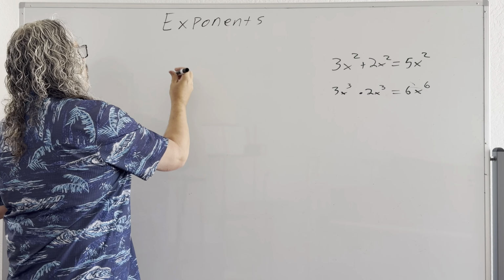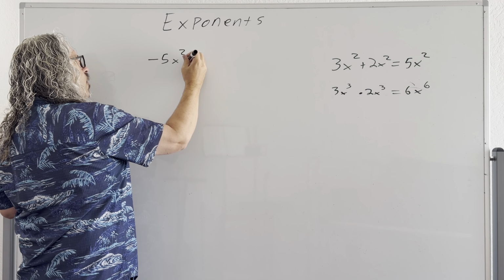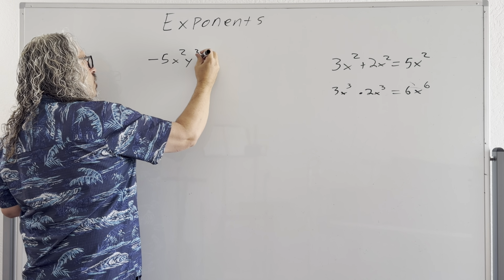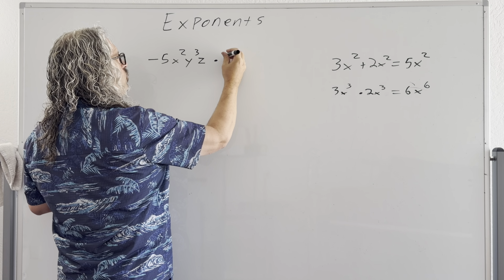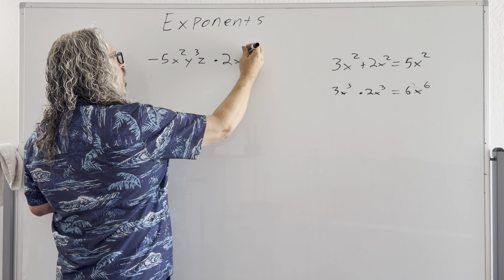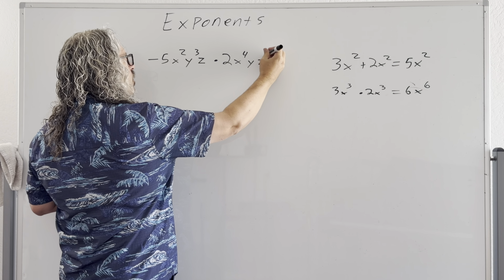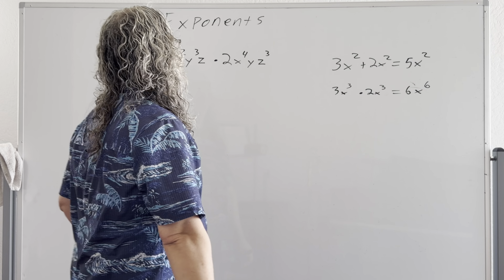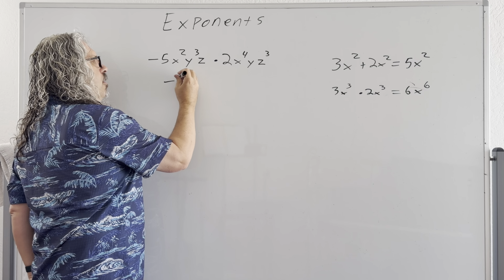Let's do this one. Let's put some negative signs in there. Negative 5x squared y to the third z times, let's go 2x to the 4 y z to the third. Okay, so now here's what we're going to do. Multiply your coefficients, so you're going to get negative 10.